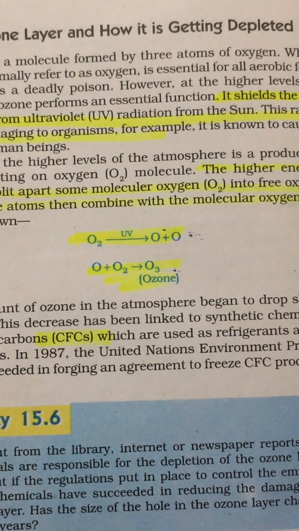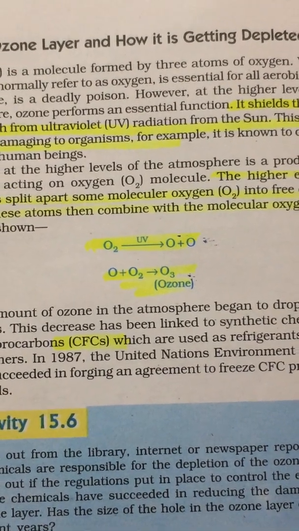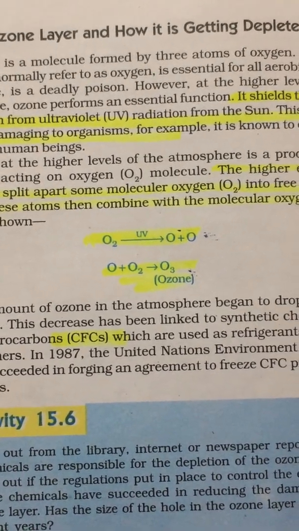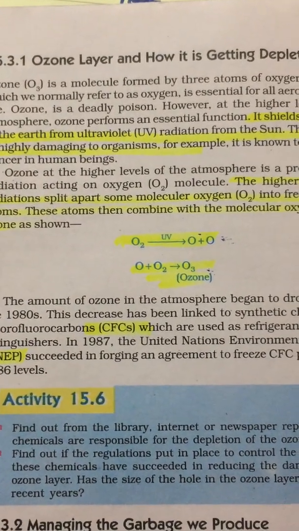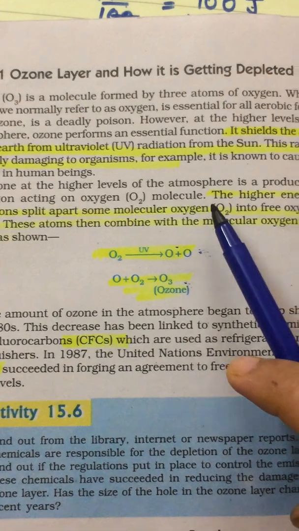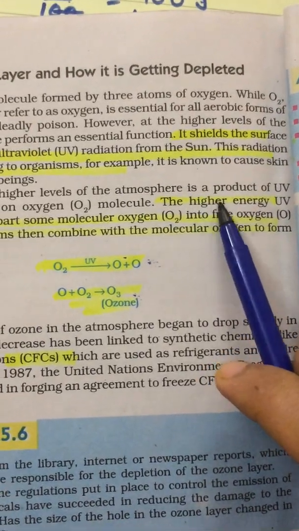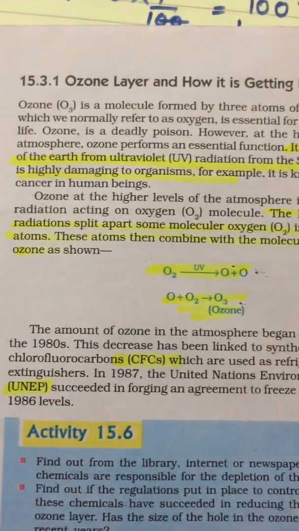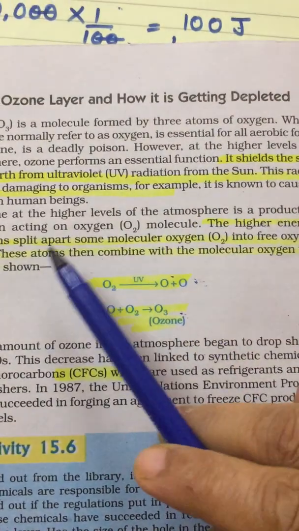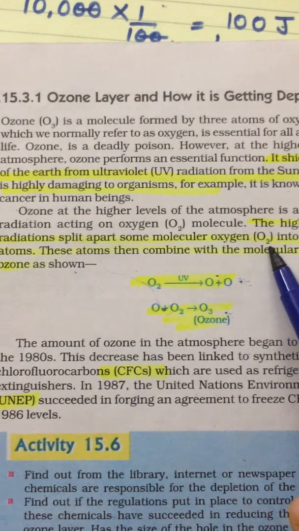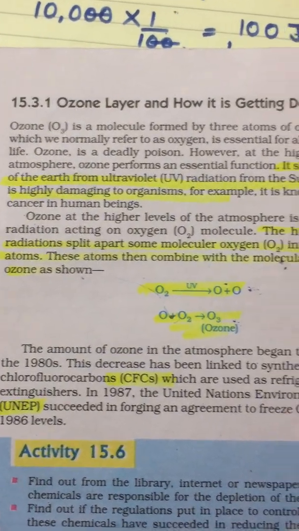These radiations are very harmful to organisms because they can cause skin cancer or cataract of the eye. Ozone at higher levels of the atmosphere is a product of ultraviolet radiations acting on oxygen molecules. The higher energy radiations split apart some molecules of oxygen into free oxygen atoms.